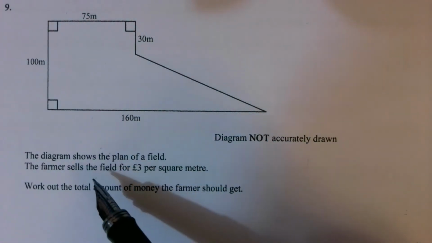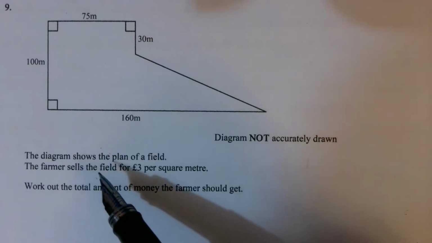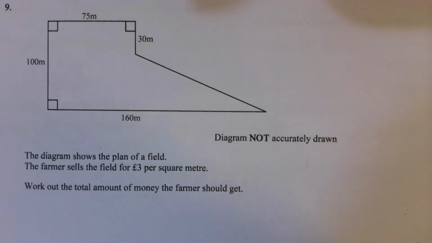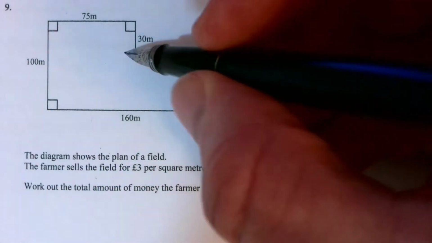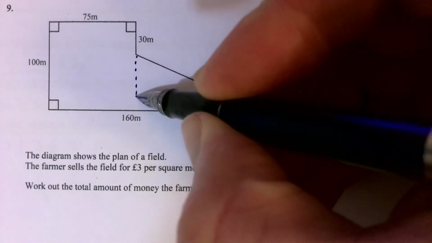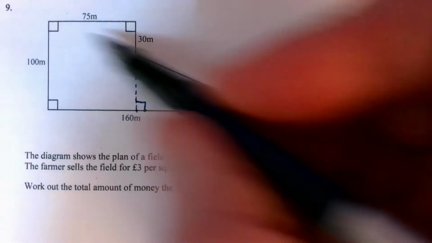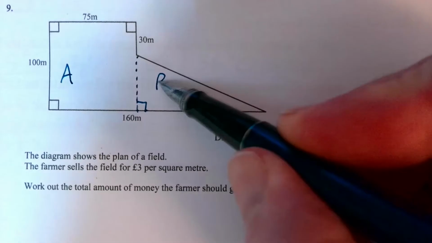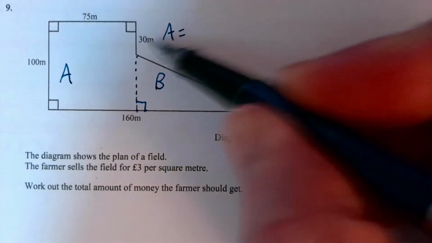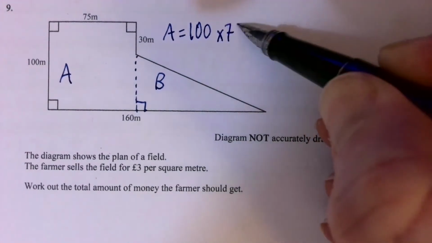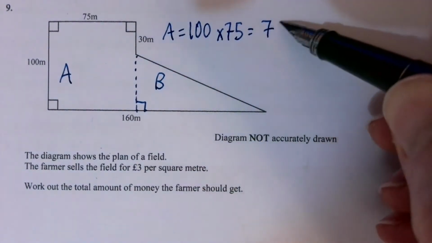Now, this question is saying that the farmer's going to sell the field for £3 per square metre. So we need to know the area of the field in square metres, and then we can multiply that by 3. Now, this is a compound shape. It's got a rectangle and a right angled triangle. So the easy part first, if I call this A and this B, A is going to be length times width, 100 times 75, which is nice and easy.